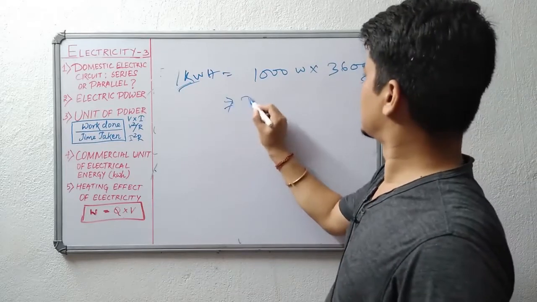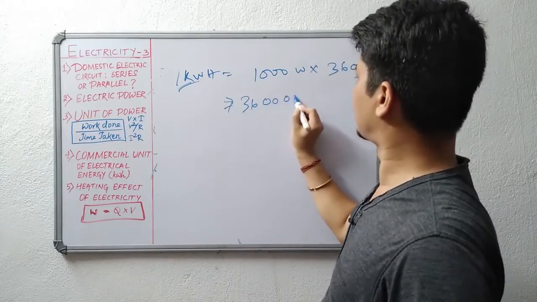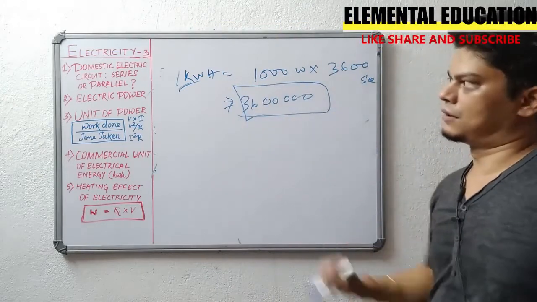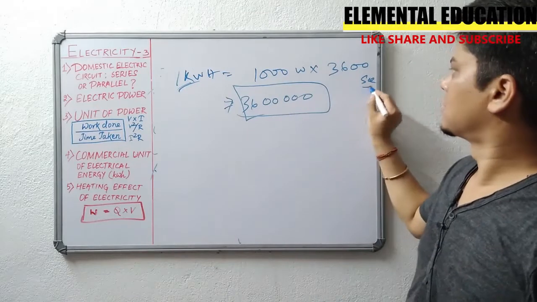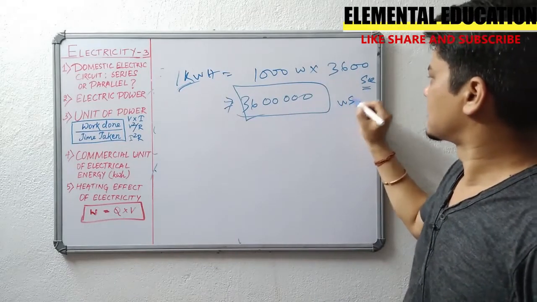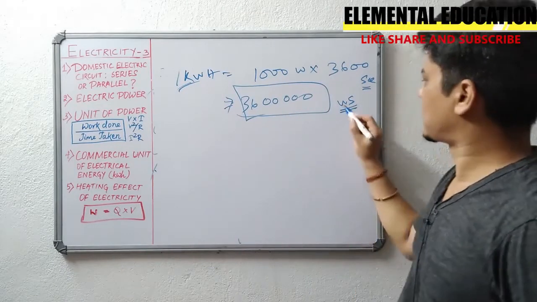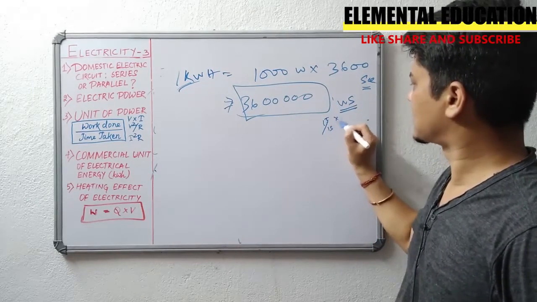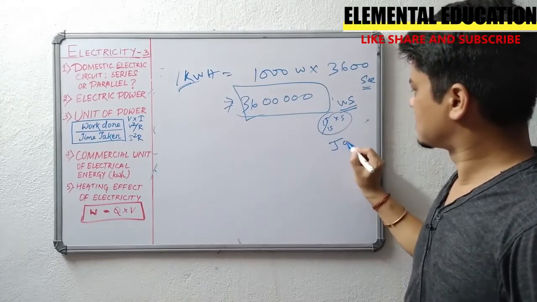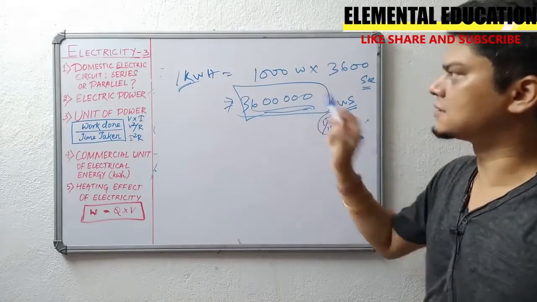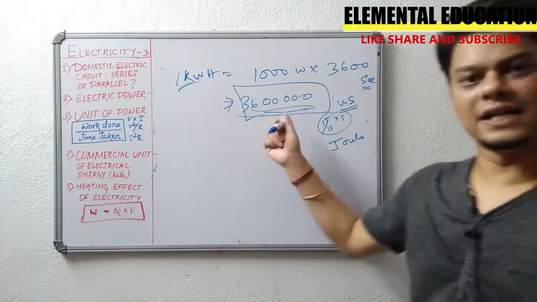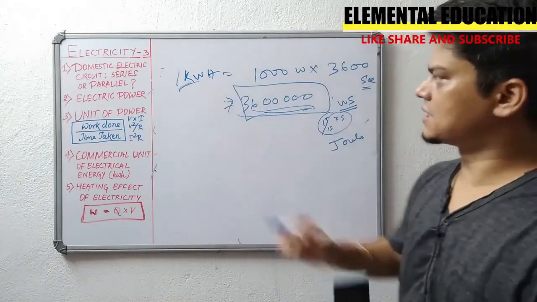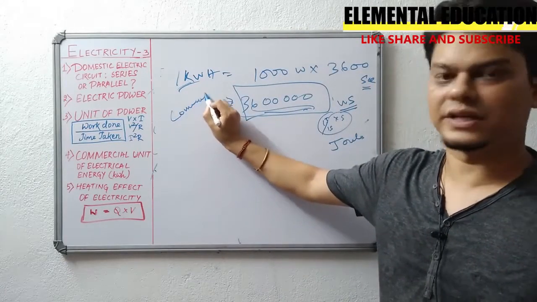So 1 kilowatt hour equals 3.6 into 10 to the power 6 watt seconds. 1 watt equals 1 joule per second, so this is in joules. This is the energy consumption. We calculate the energy consumption this way, and this is the commercial unit.